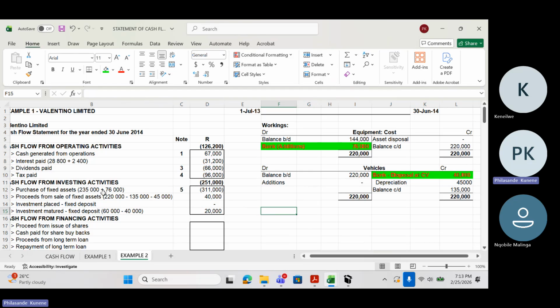Why are you buying so much assets? 311,000. But you're not using those assets to generate cash. You generate 67,000 per year, but you're spending 311,000 rand buying assets. Why are these assets not helping you to generate this income? Something is wrong with this business.